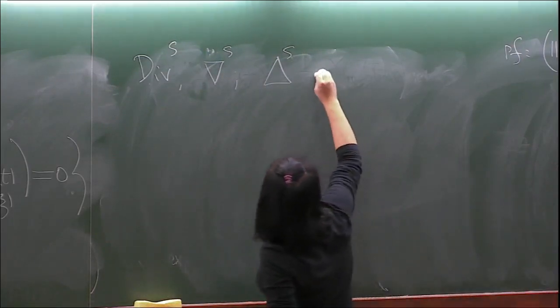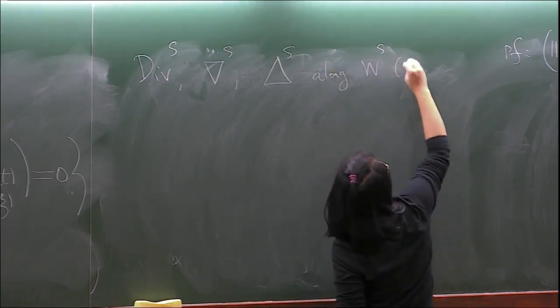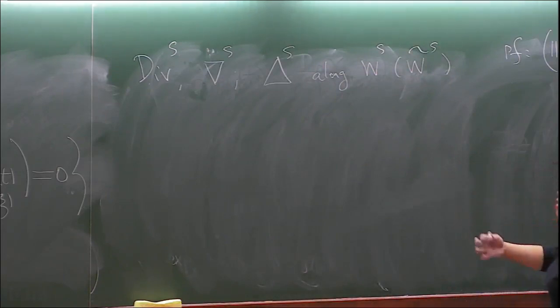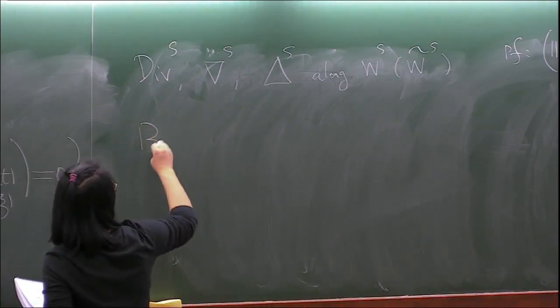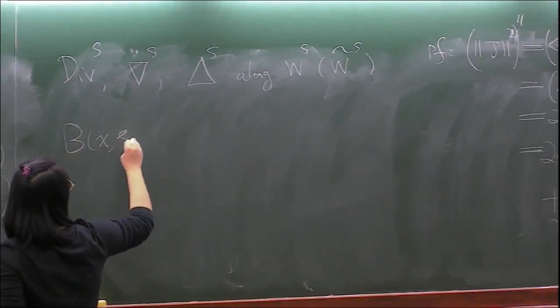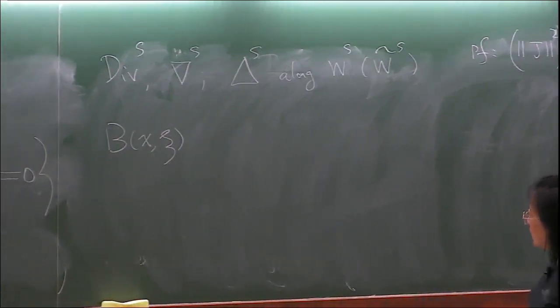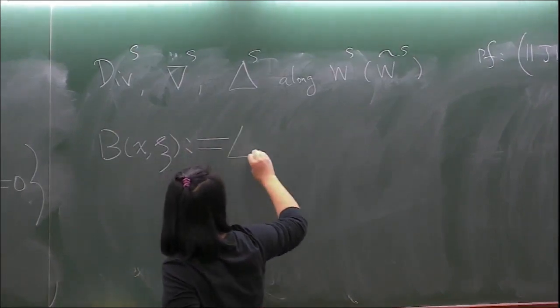These are along W^S with the metric inherited from G tilde. So one quantity we will always consider is the Laplacian of this Busemann function.